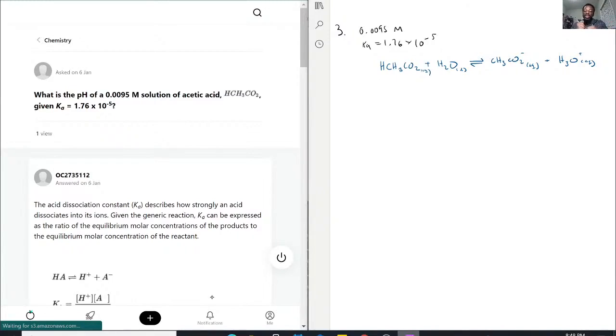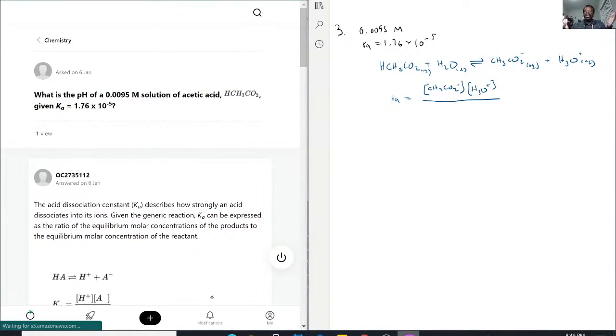The reason why I drew this out is because what we need here is an ICE table, and the ICE table is needed because it represents this formula. We have that Ka is equal to the concentration of the products, so that would be CH3CO2 minus times H3O plus over the concentration of the reactants. But the key thing is that we do not include the solvents.